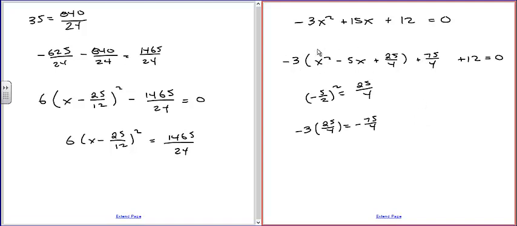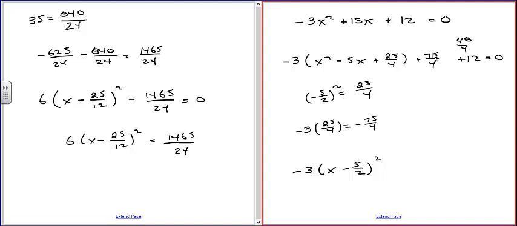Now this part can be rewritten as a complete square, so we'll have x minus, look what's been squared up here, 5 halves, negative 5 halves. And then here we'd have 75 fourths plus 48 fourths. So change 12 into 48 fourths.